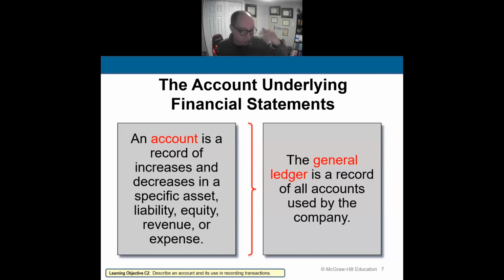If they sell a product or inventory, it's called sales revenue. And there might be a few other revenue accounts here and there.